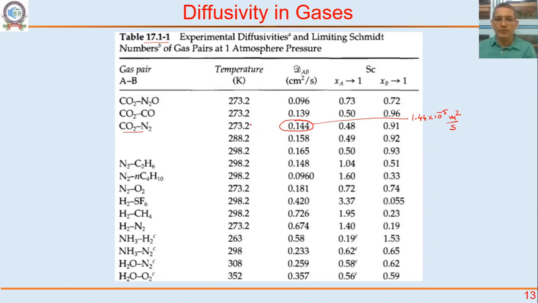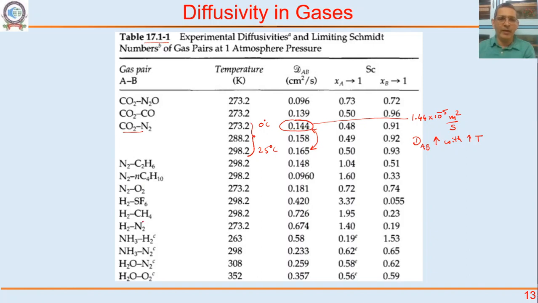The second point to notice from this table, if you compare any particular pair of gases and the dependence on temperature, this is like 0 degrees centigrade, this is like 25 degrees centigrade, you will notice that the diffusivity value DAB is increasing with increase in temperature. That's the second point to note.